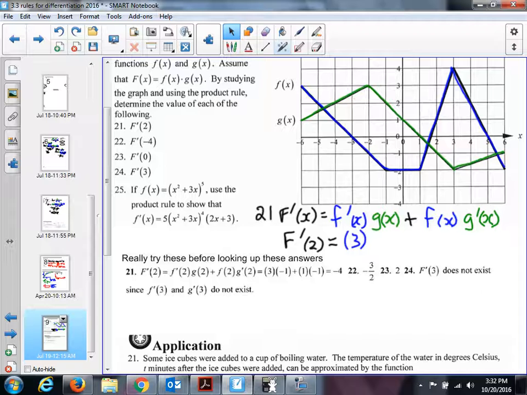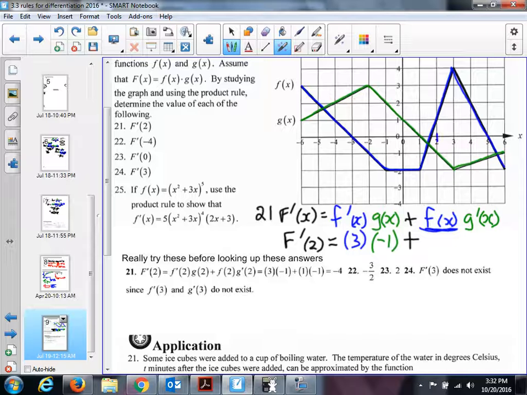And then g of 2, not g prime. So I'm plugging 2 into this formula here. Well, 2 for the function g right there is a negative 1. Then, this portion here, what's f of 2?